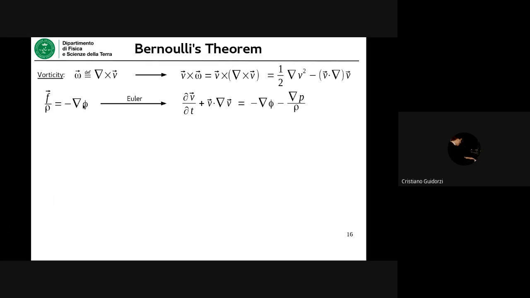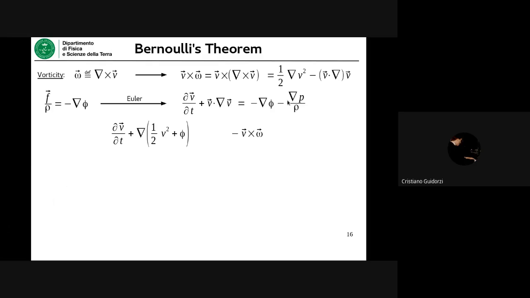Now, let's put all this into the Euler equation we've just seen. The total derivative of the velocity is F over rho, which is minus the gradient of the potential, minus gradient of P over rho.